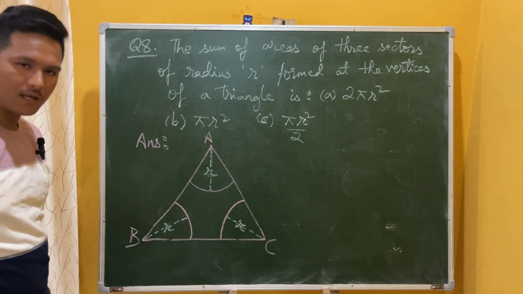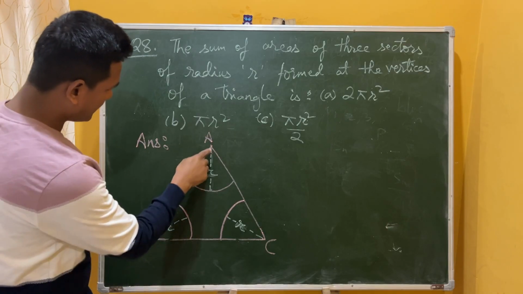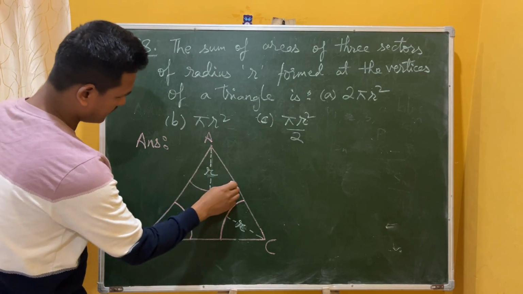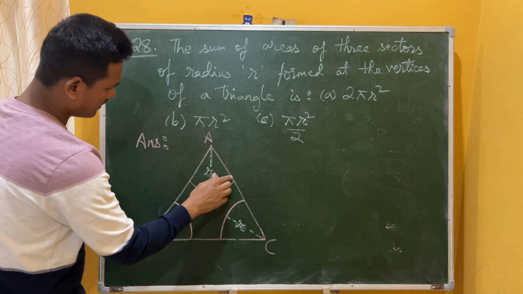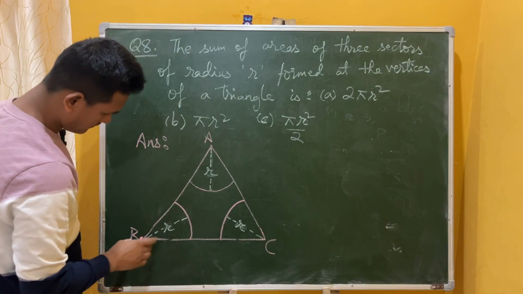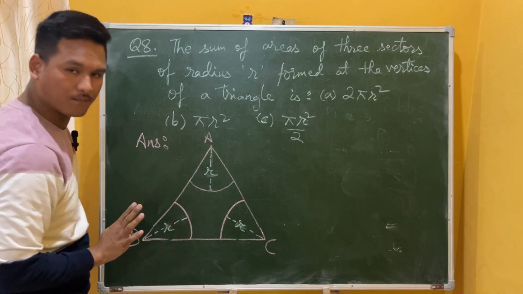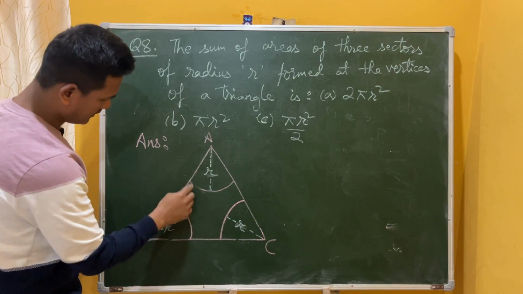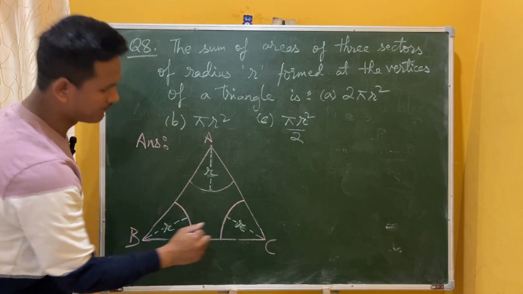So you see a triangle ABC. So at each vertex, this is the radius, right? The sector which is formed by the radius r. So this r is equal. If this is 5 centimeter from here till here, this is also 5, this is also 5.